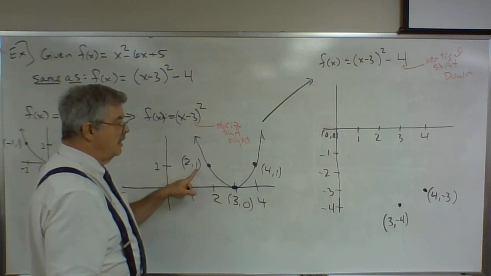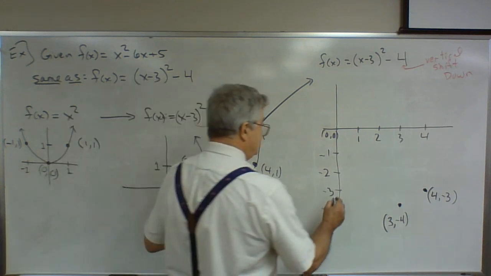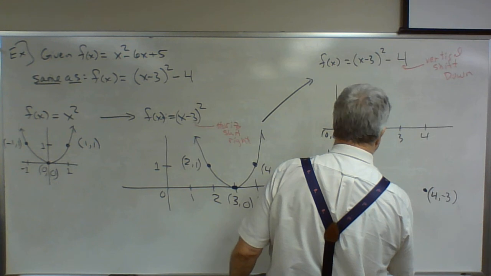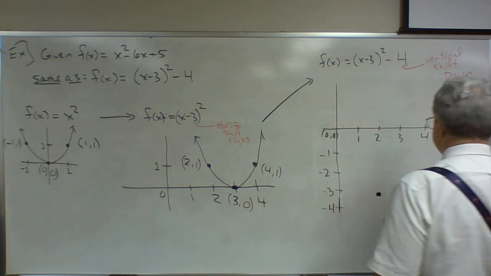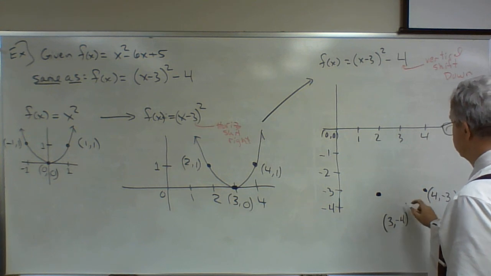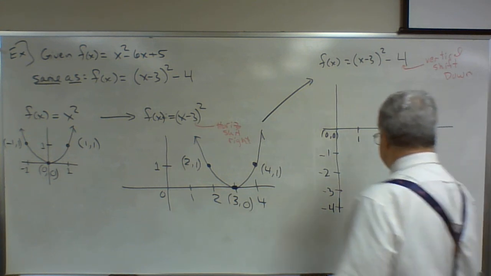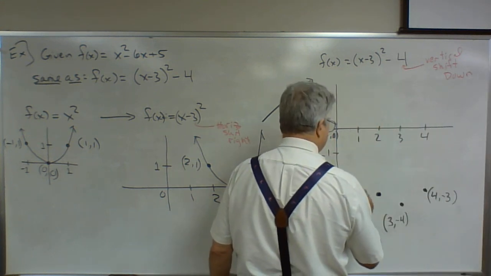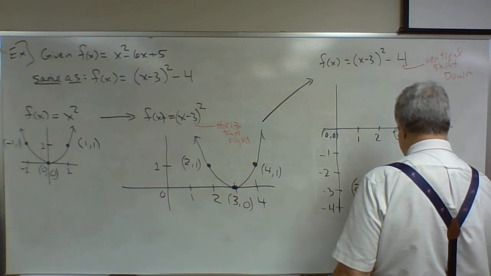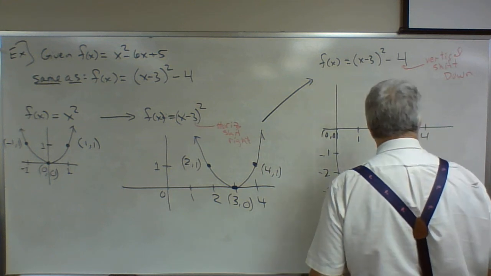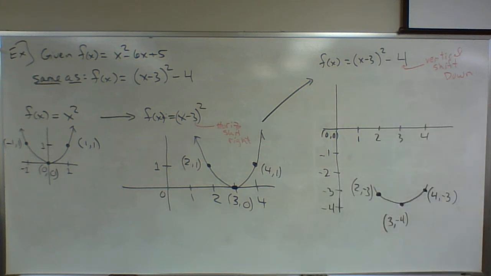Subtract 4 from the y coordinate, we get y equal -3. I've got the bottom of the graph.